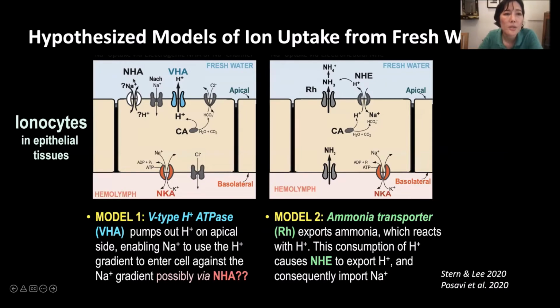That's better. So then this sodium transporter would use this gradient created by this proton pump and bring sodium into the cell, and then sodium could enter the hemolymph or blood through sodium potassium ATPase.